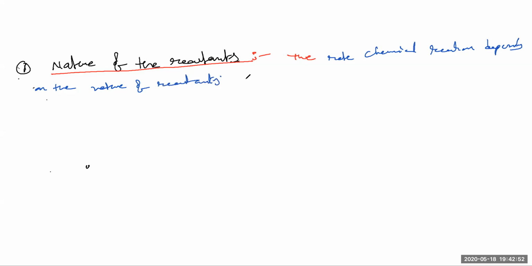So reactions that occur between ions or ionic compounds are fast reactions.